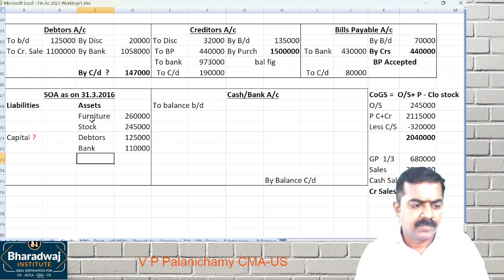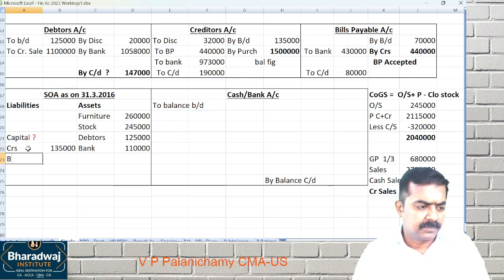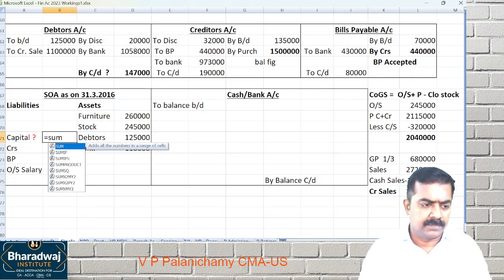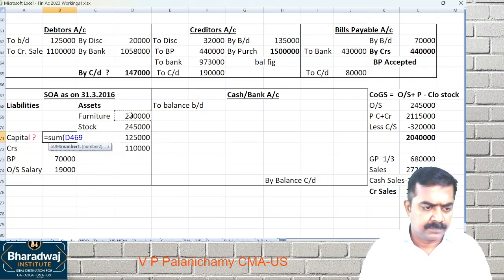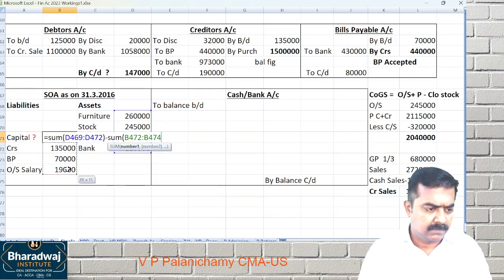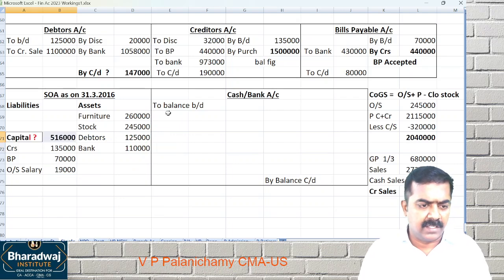Then creditors 1 lakh, then bills payable 70,000, outstanding salary 19,000. As a balancing figure we get the capital: 5,16,000.